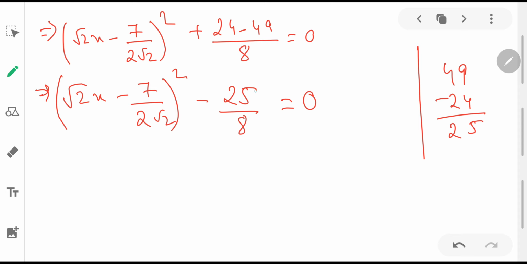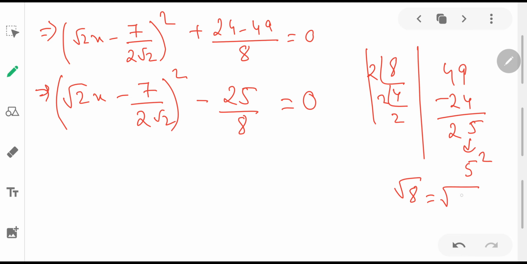Now our aim will be to put the second term also in the square form. You know that 25 is how much? It is 5 square, and just factorize 8. So if we factorize 8, we will get 2 into 4, 2 into 2. So if I just do root 8, we will get how much? 2 into 2 into 2. For two same numbers, we can take one number outside, and what will be inside the root?